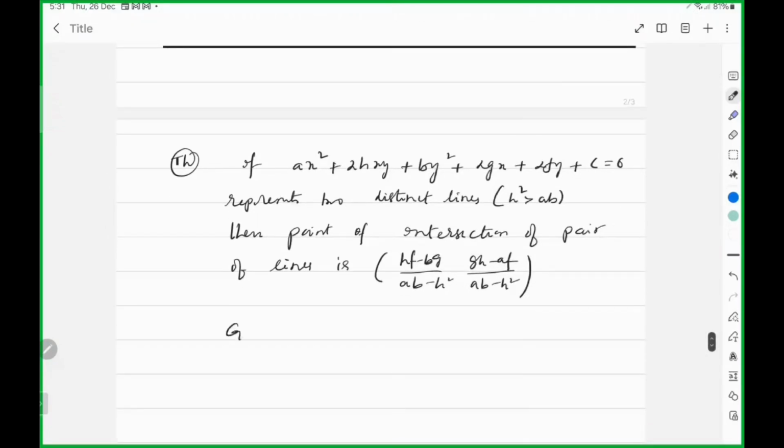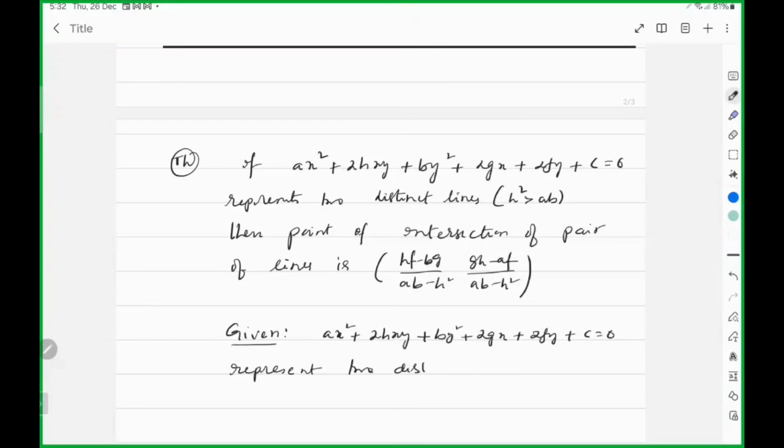So the given information: ax square plus 2hxy plus by square plus 2gx plus 2fy plus c represents two distinct lines.